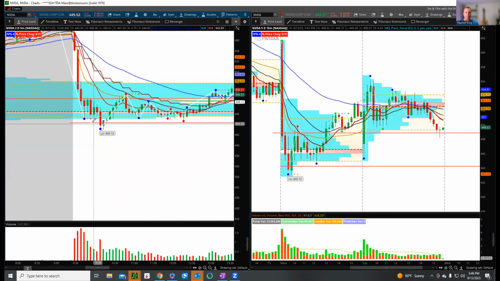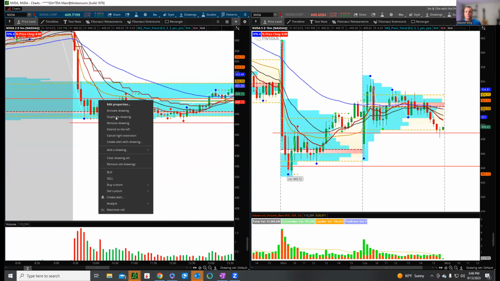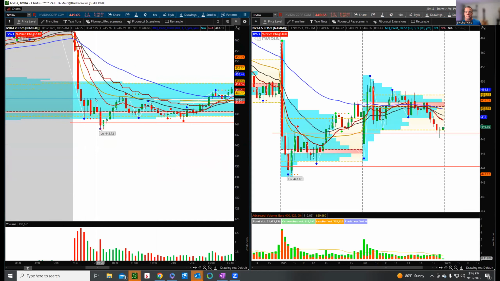I'm not taking the time to color code them like green and red, right? But in general, if people were going to take the breakout of this, that red line basically would have been their entry, right?